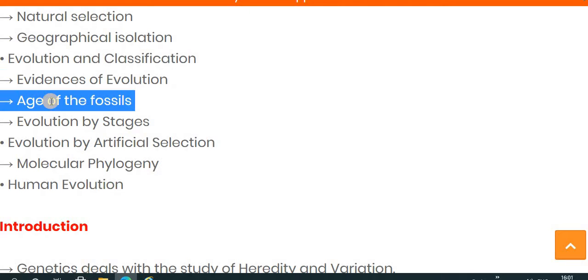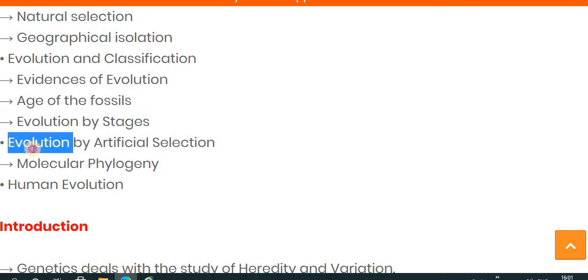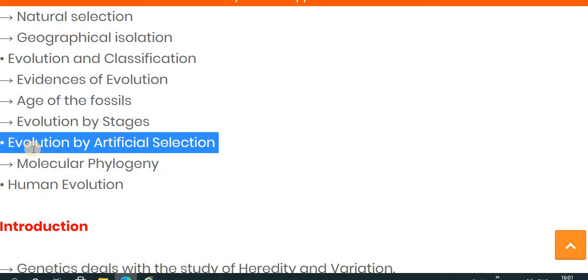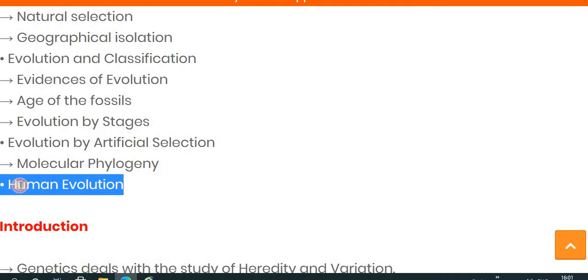Then the age of fossils, how we can determine the age of fossils, and evolution by stages, meaning step-by-step evolution. Then evolution by artificial selection, molecular phylogeny, and how human evolution occurred, which we will discuss in this chapter.